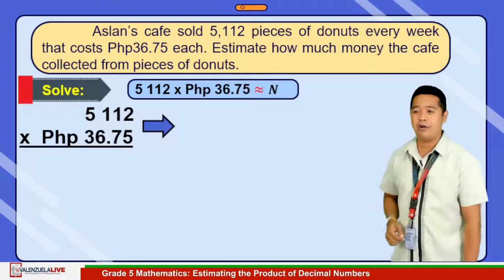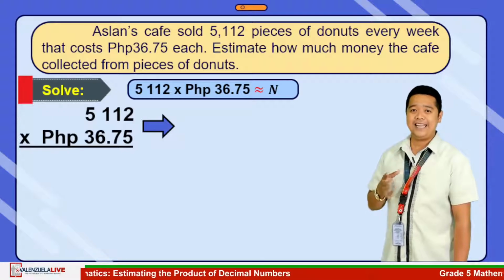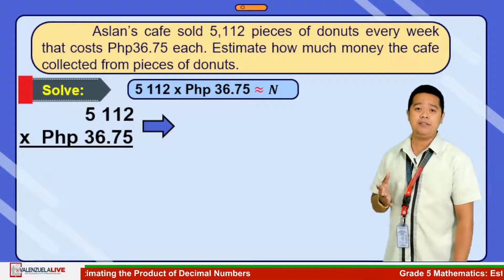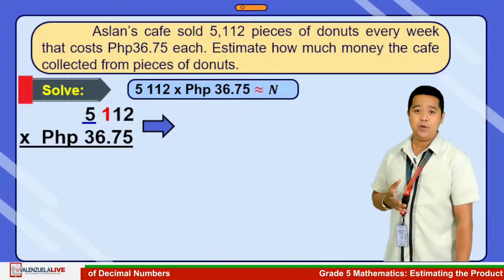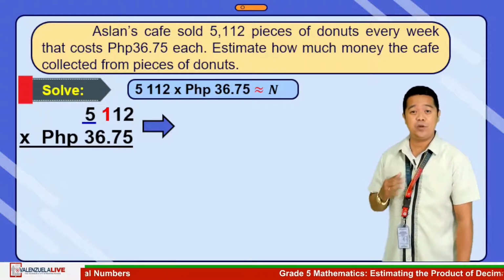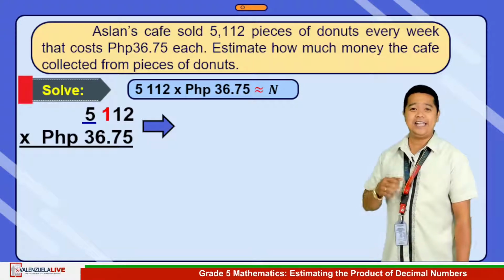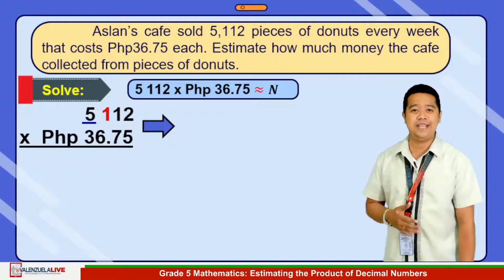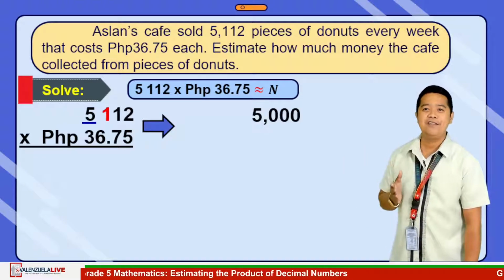Going back to our example, 5,112. The number to be rounded off is 5, followed by 1, which is less than 5. So, we will round down. Very good. And then replace all the remaining digits by 0. So 5,112 will become 5,000.